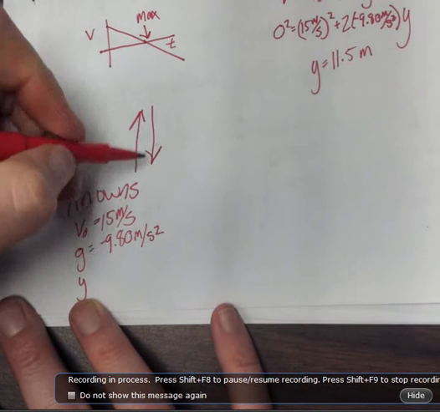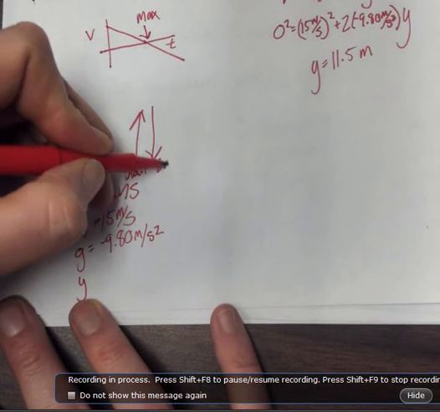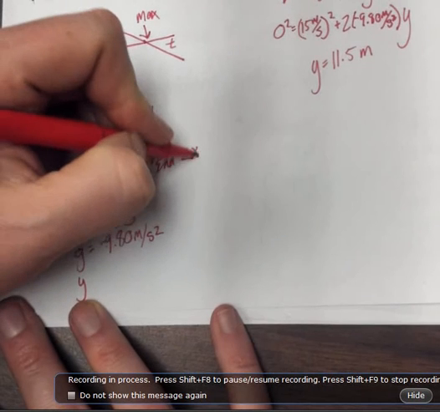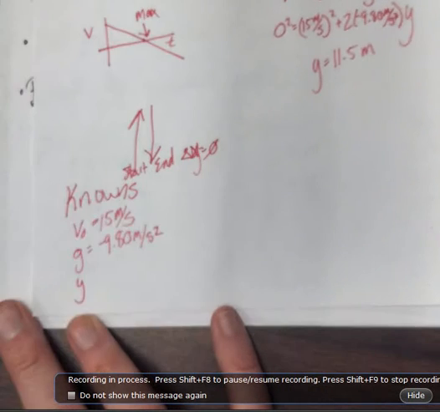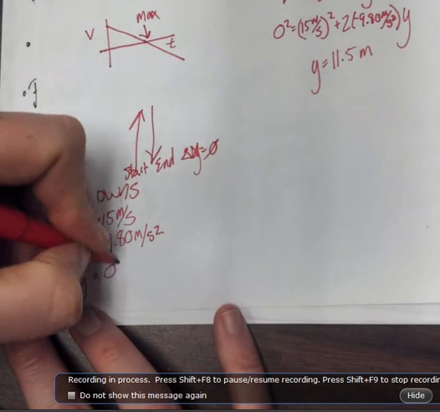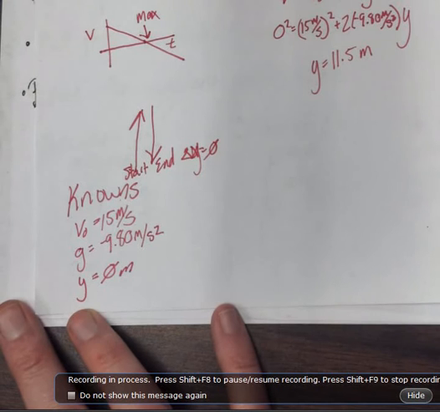Because the ball started here and it ended there. So that means our delta x is 0, or delta y in this case. So our position is 0 meters, and we're trying to solve for time.